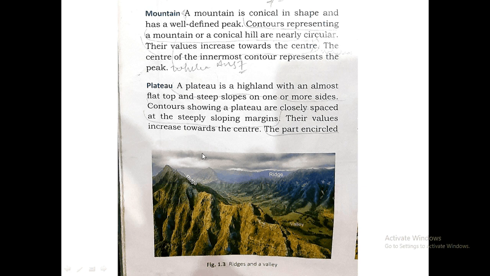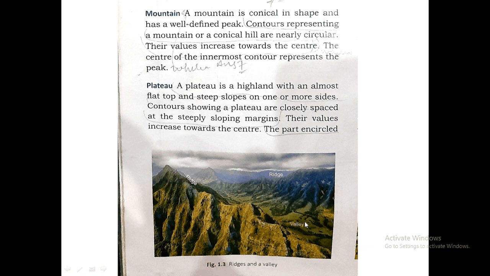So in this figure, if you can see in 1.3, there is a ridge. Okay, this is a ridge, then there is a valley. This is the mountain, the chain of mountains, and this is the valley, the lower portion.